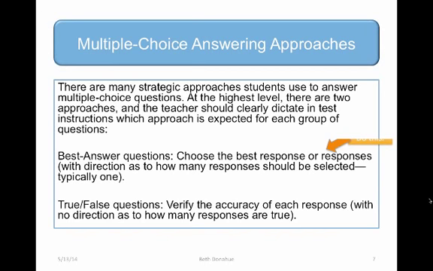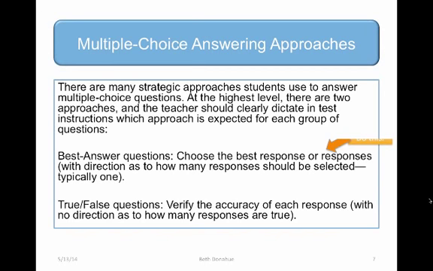But if you think at a very high level, there are only really two big approaches that I recommend thinking about when you are writing in the multiple choice area, when you're doing selected response questions. And you as a professor should dictate in your test instructions which approach is expected for each group of questions that you're giving.